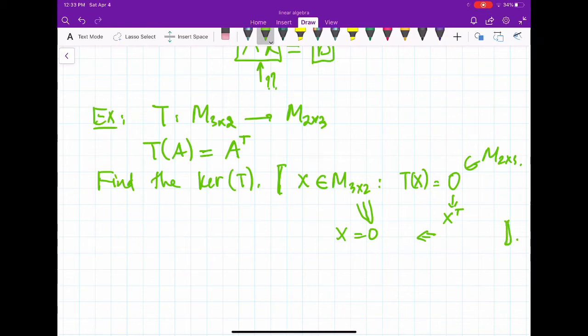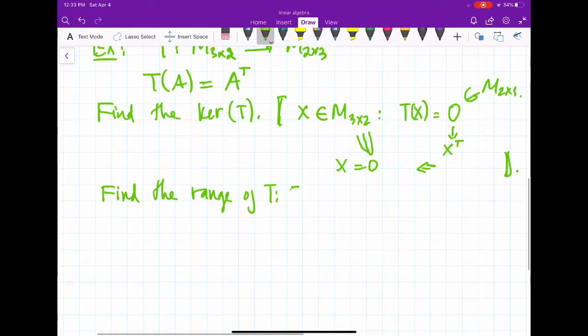Make sense? So what is the range of T? You consider all T(X) where X is in M3 by 2. But what is T(X)? T(X) is X transpose.